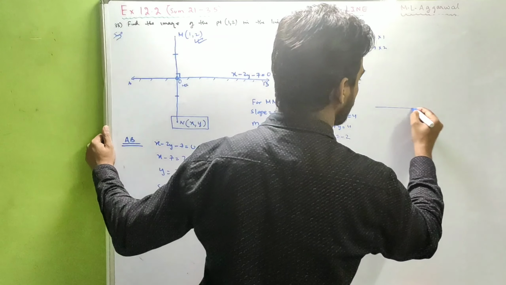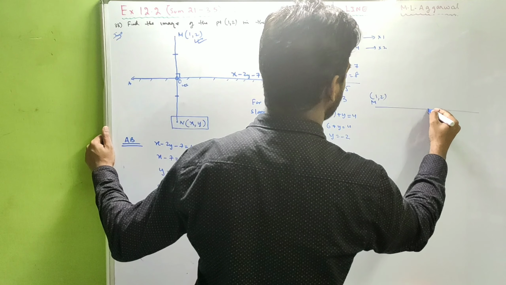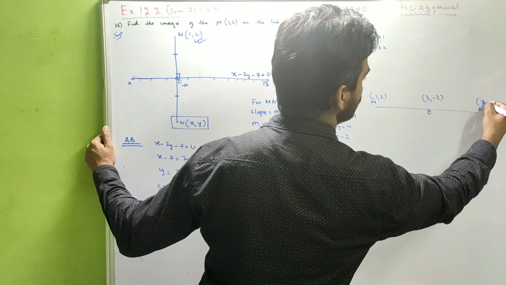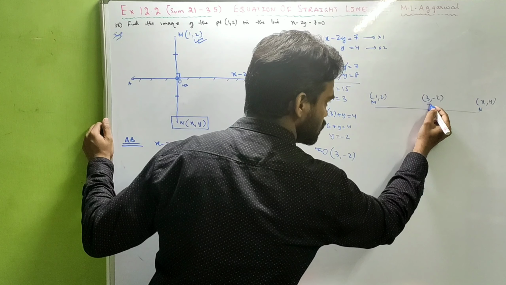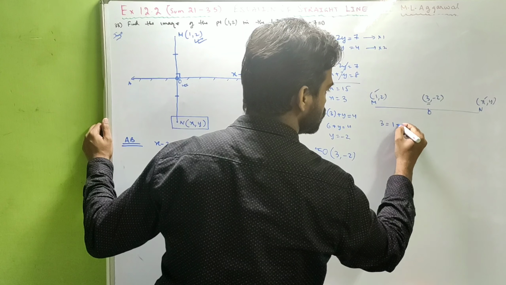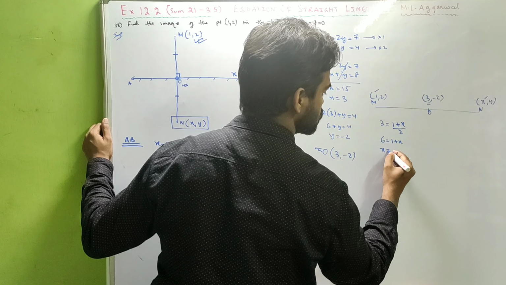Now look over here. We got M as (1, 2). We got O as (3, minus 2). We got N, we don't know N, (x, y). So by the midpoint, 3 will be equal to (1 plus x) by 2, which means 6 equals 1 plus x, so x equals 5.